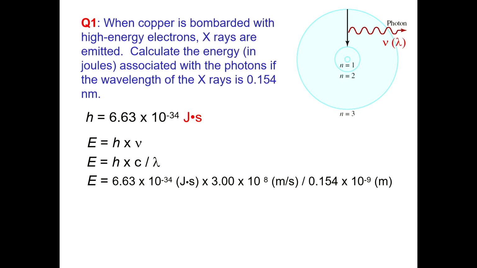The wavelength is in nanometers, so it should be multiplied by this number to change to meters. In chemistry, and of course in physical chemistry, you always need to take care of the units of the numbers. For example, the constant's unit is joule times seconds, and the speed is meters divided by second. J is joules, yes.